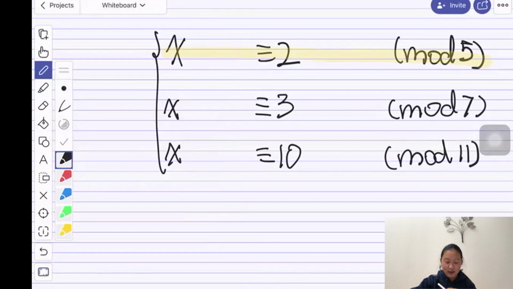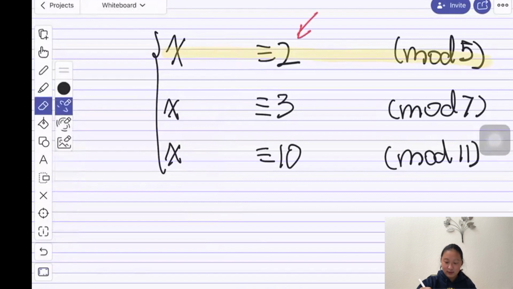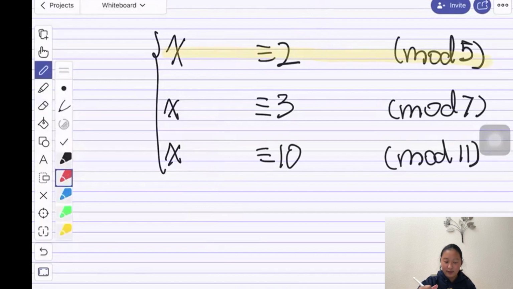And as you can see, there is a 2 over here. So since we have the 2 over there, we know that we should add 3. And as you can see, this is equal to 5, if we simplify it. And 5 divided by 5 has a remainder of 0.